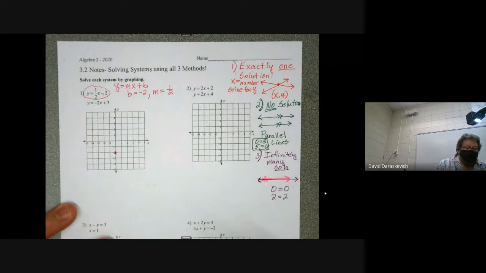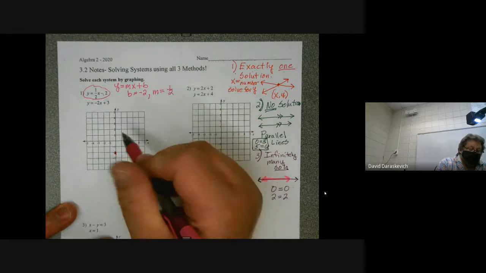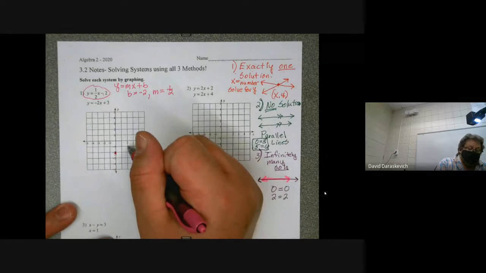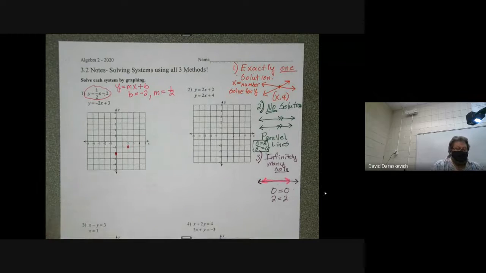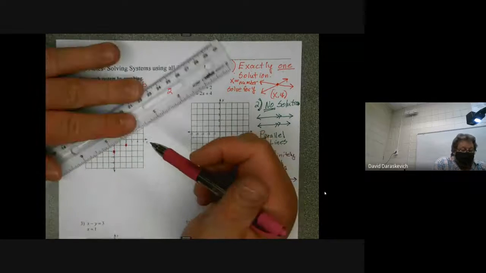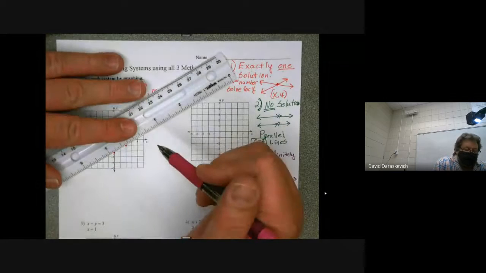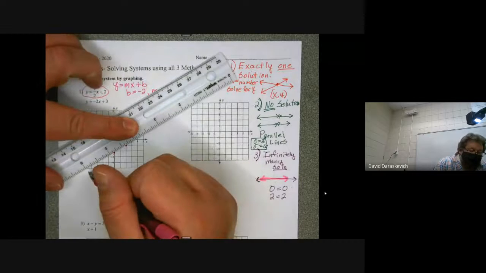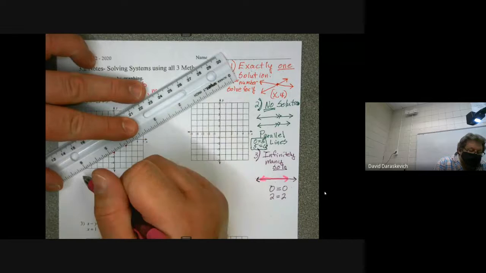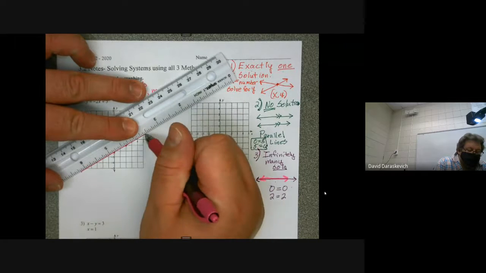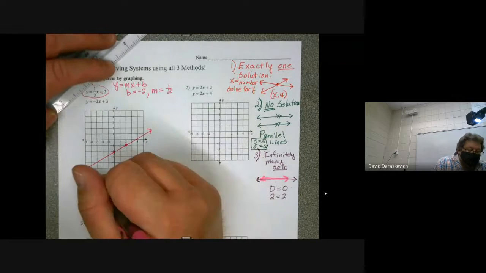And I need another point here, so my slope will go up 1 and over 2. Now, graphing is not the most accurate way of getting a solution to systems of equations. So I highly suggest here using a straight edge.